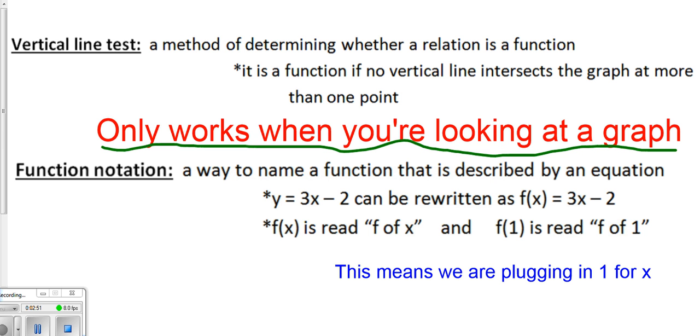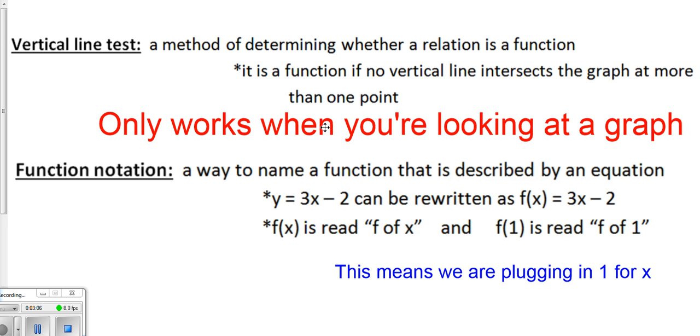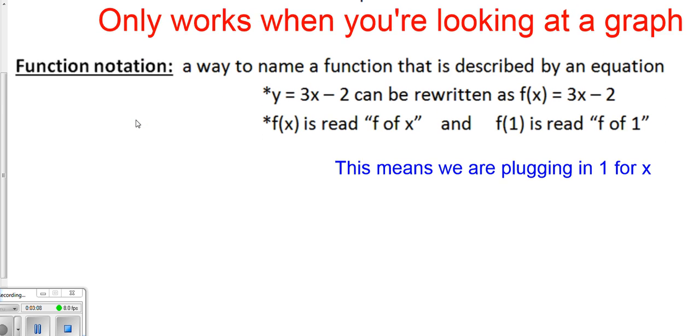If you're just looking at all the points, you can't necessarily use the vertical line test. Only if you have a graph and you can draw vertical lines on it can you use the vertical line test. And we will show you what it looks like to use a vertical line test.